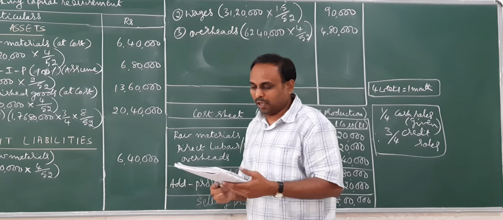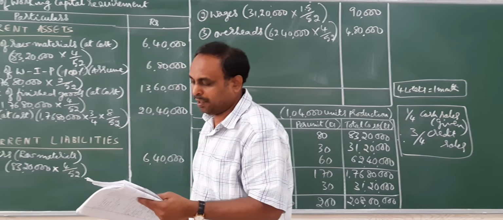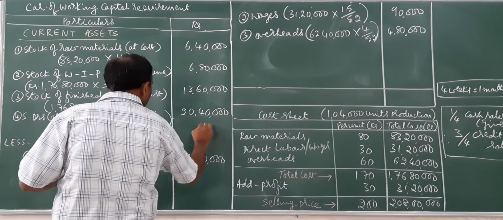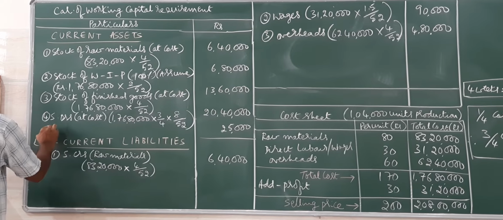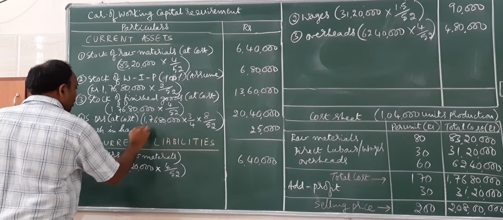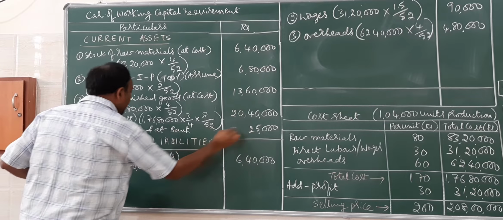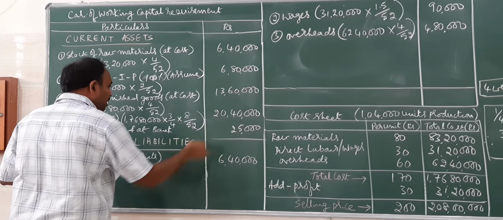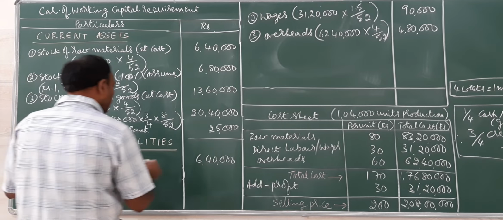Then we have one more information next to that. Cash in hand and at bank expected to be 25,000. So cash in hand at the bank is a current asset. So I have taken 25,000 as cash in hand and at bank as a current asset. So this completes all the adjustments given in the problem.